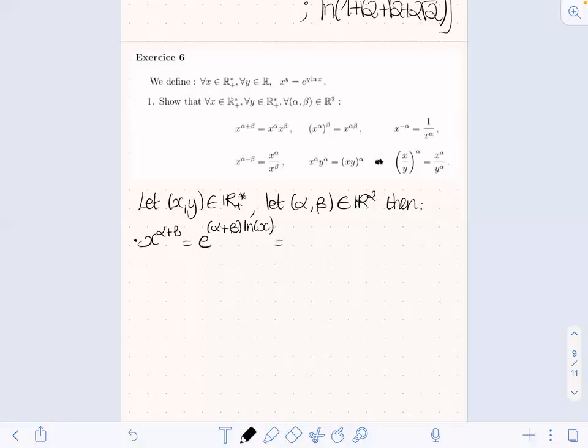Then we can rewrite that, if we want to go slowly, as exponential of alpha logarithm of x plus beta logarithm of x.